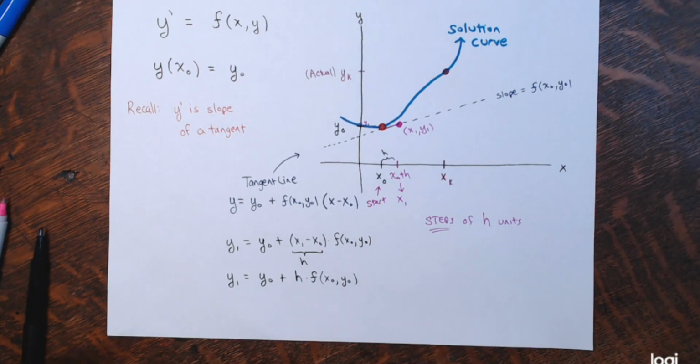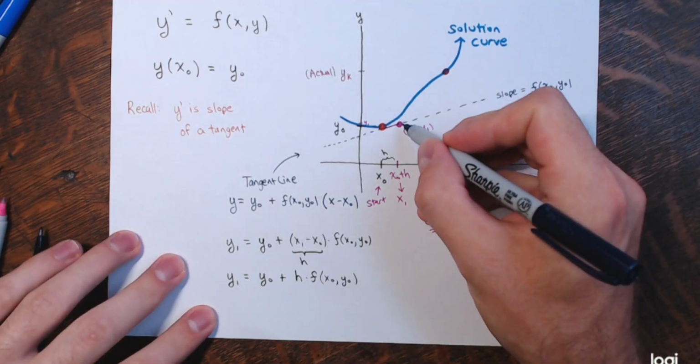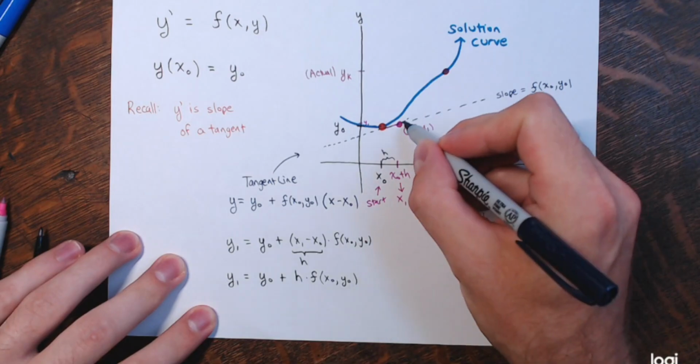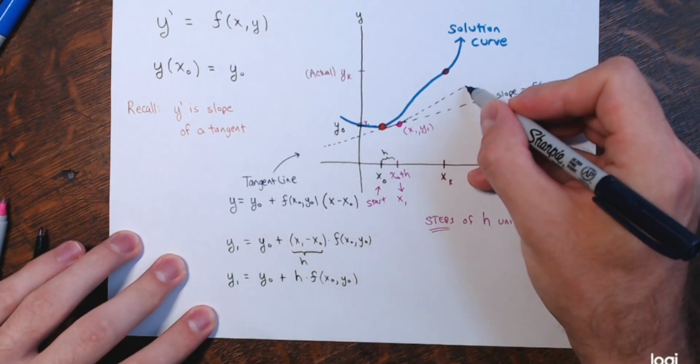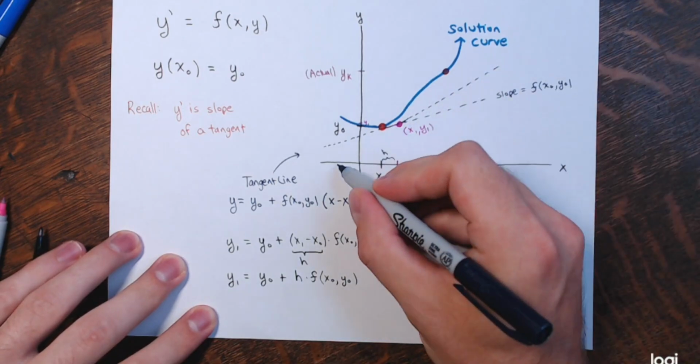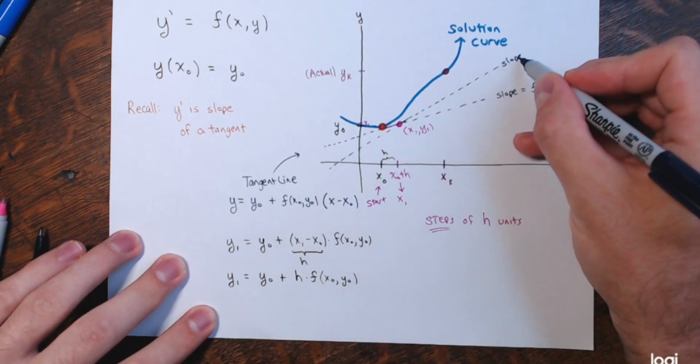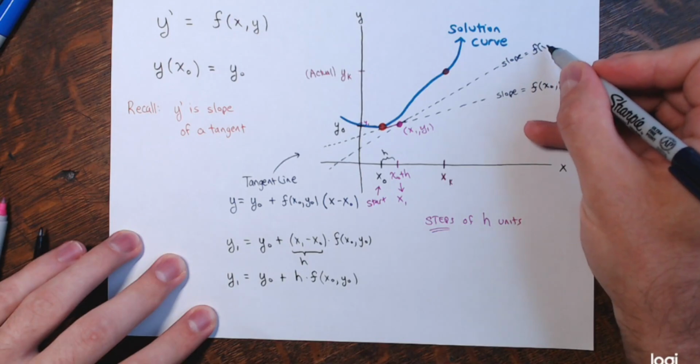I'm just going to do this one more time, as the drawing is going to get a little cluttered. At x1, y1, there's another slope in the slope field, and another line with a slope of f at x1, y1.